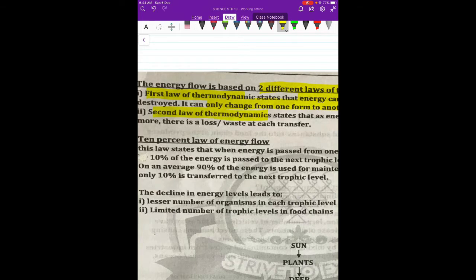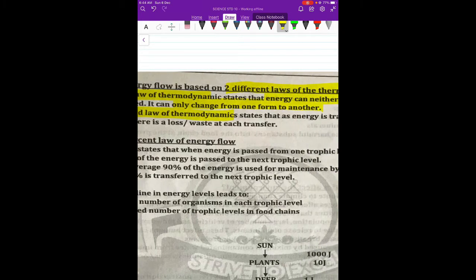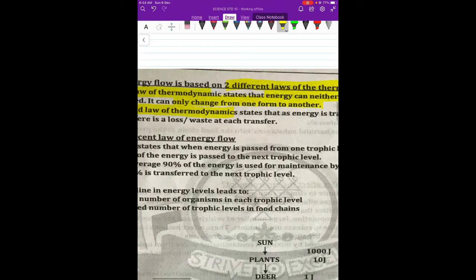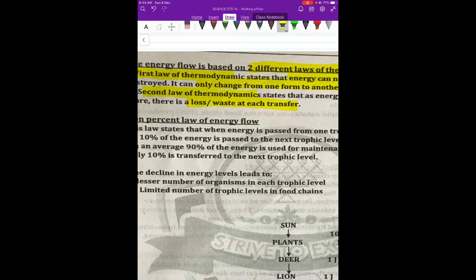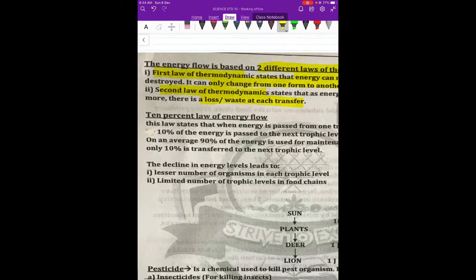The second law states that as the number of energy transfers increases, there is a loss or a waste of energy at each transfer. So a maximum of 3-4 trophic levels are seen, because after that it becomes an absolutely negligible flow of energy.